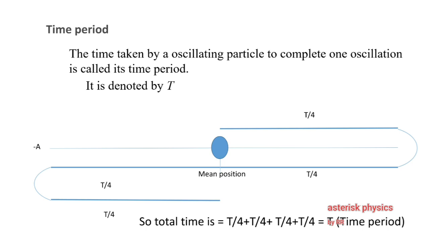The third T by 4 is the time taken to move from the mean position to the other extreme end. And the last T by 4 is the time taken to move from the other extreme end to the mean position. So it completes one oscillation. The total time is the sum of all these times, so when we add the T by 4s, we get capital T, which is the time period of simple harmonic motion.